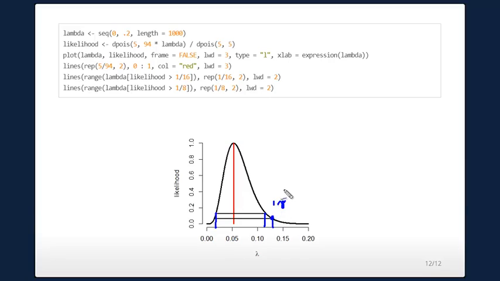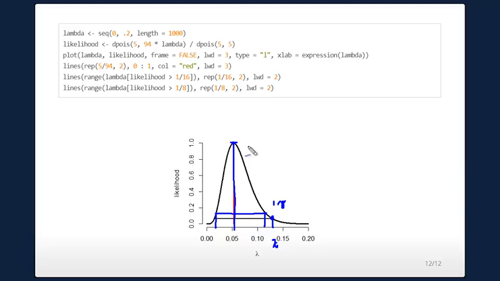Take this point right here. That value of lambda has a value less than 1/8, so when we compare it to the MLE, the MLE is more than 8 times better supported than that point.